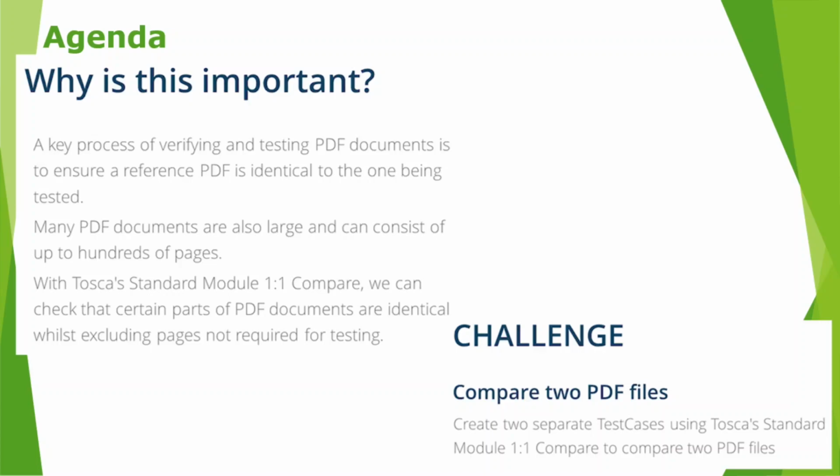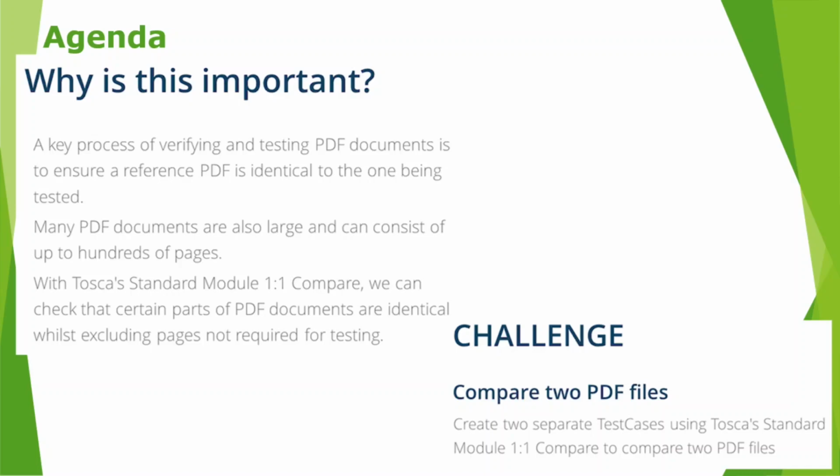For example, for any policy related PDF documents you have defined in one of your applications, that becomes your reference. Now while testing, the application generates multiple PDF documents, and you want to compare those generated PDF documents with the reference PDF that you have in the test case. Also, many PDF documents are very large and can consist of up to hundreds of pages.